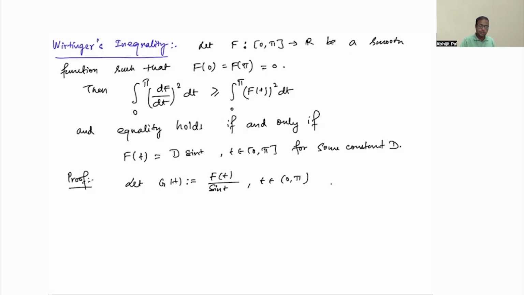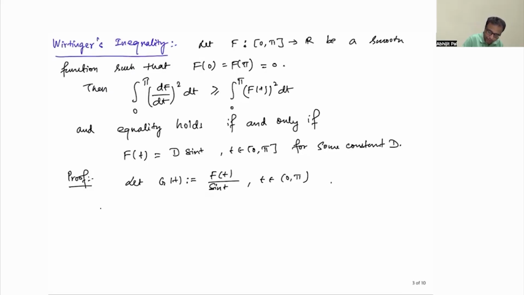So g(t) is defined in this way, and then what you can check is the following. This is an exercise. Check using this; you have to do integration by parts.